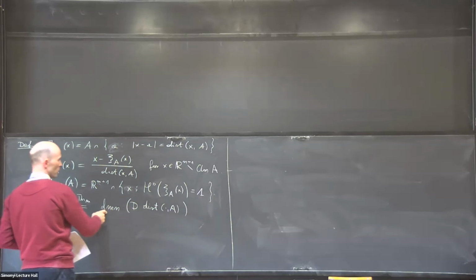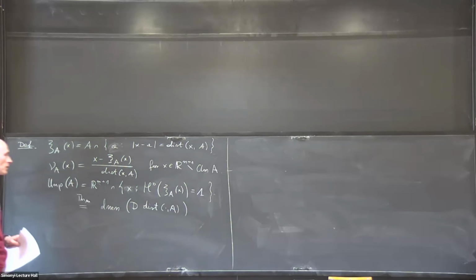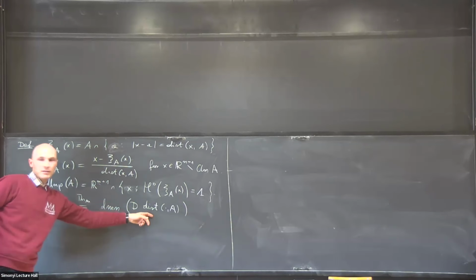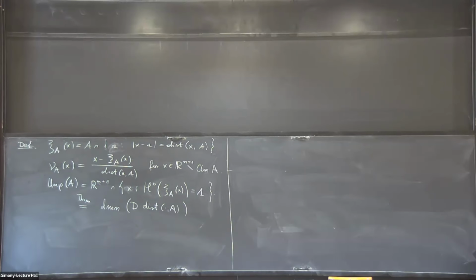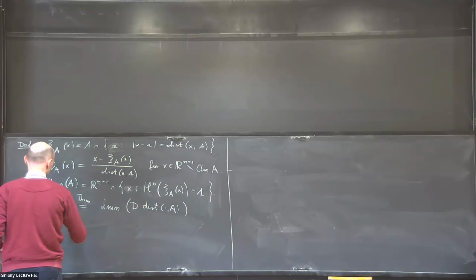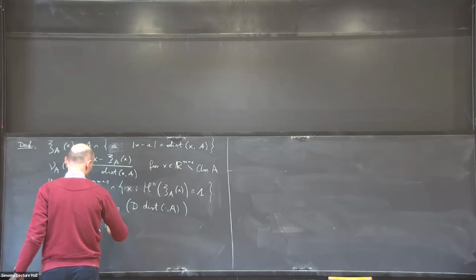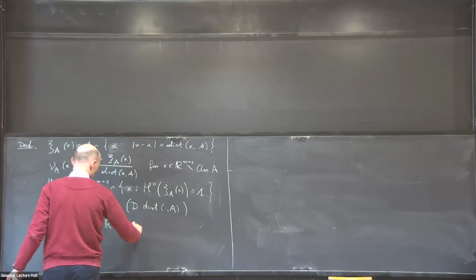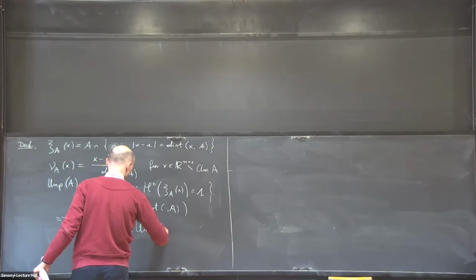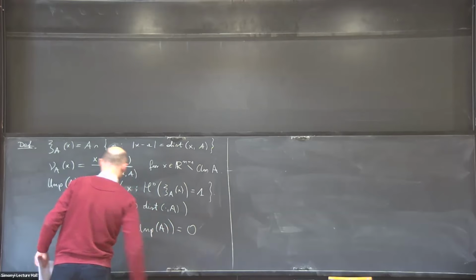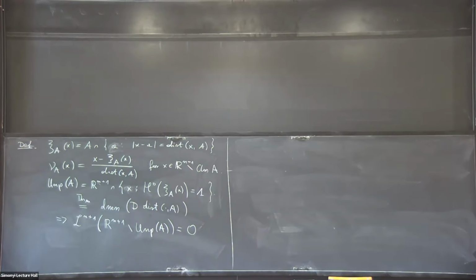So this is the domain of the derivative of the distance function. The distance function is always Lipschitz continuous, so Rademacher's theorem says that R^{n+1} minus Unp(A) has measure zero.